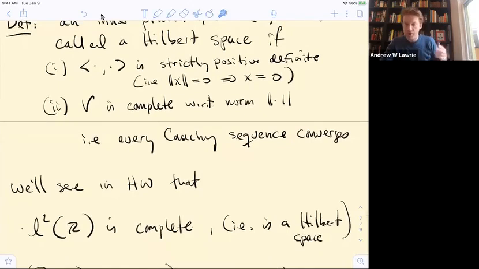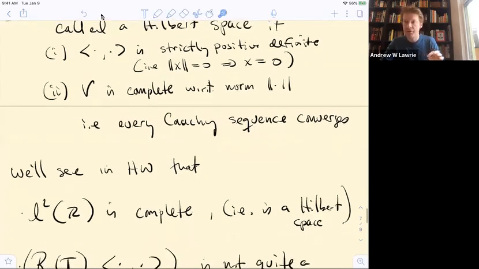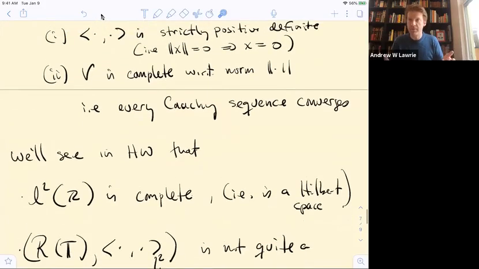So the next part of the class, in a week or two, we're going to start trying to complete the space of Riemann integrable functions with the L2 inner product to a Hilbert space. So we're going to try and find a bigger space that contains the Riemann integrable functions that is now complete with respect to this metric.